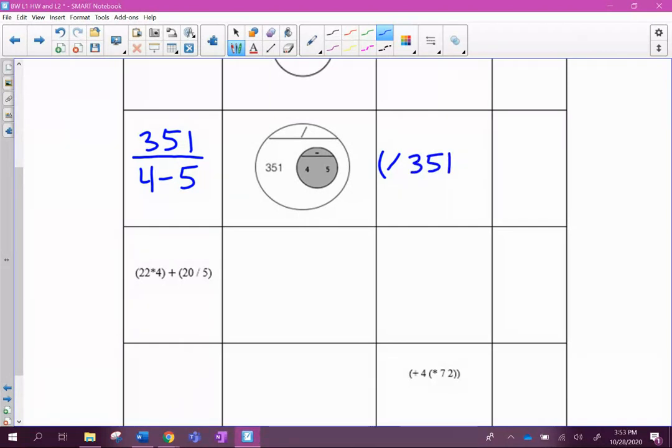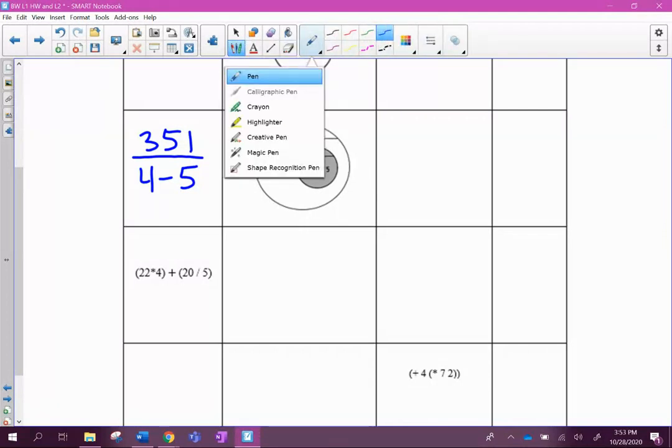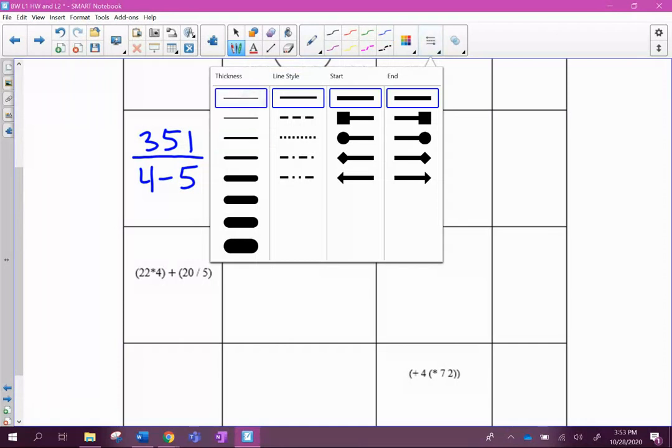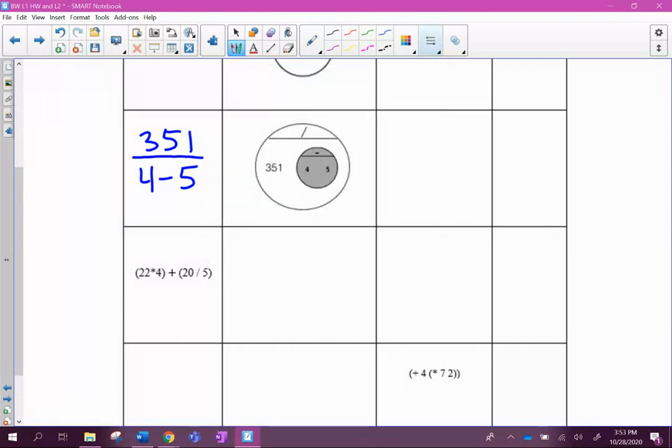Division, 351. Then we have another set of parentheses because I have that inside circle. That operation is minus, subtraction.